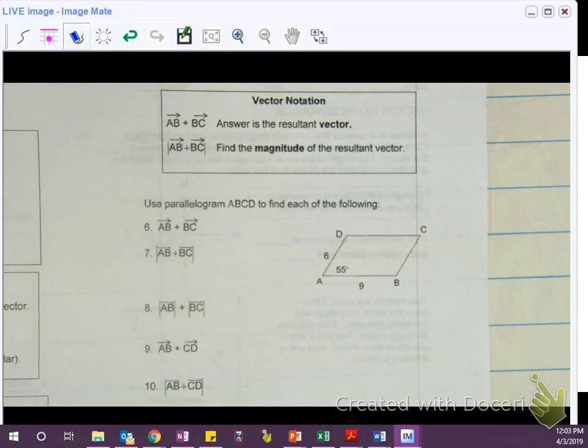So, vector AB, remember we can name the sides and use the letters, or we can use the points.